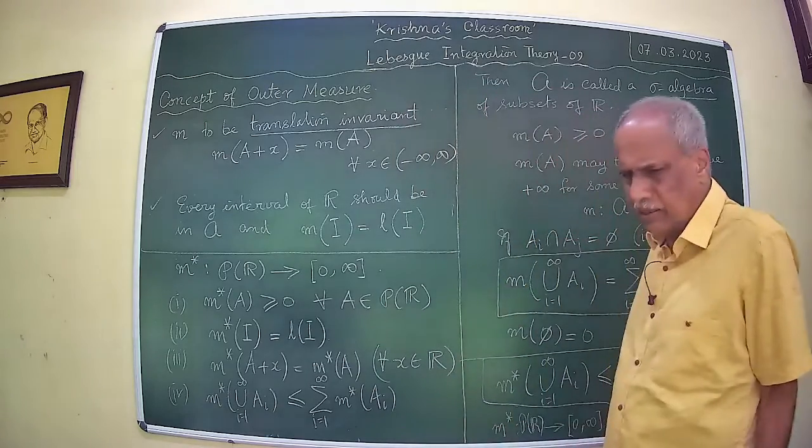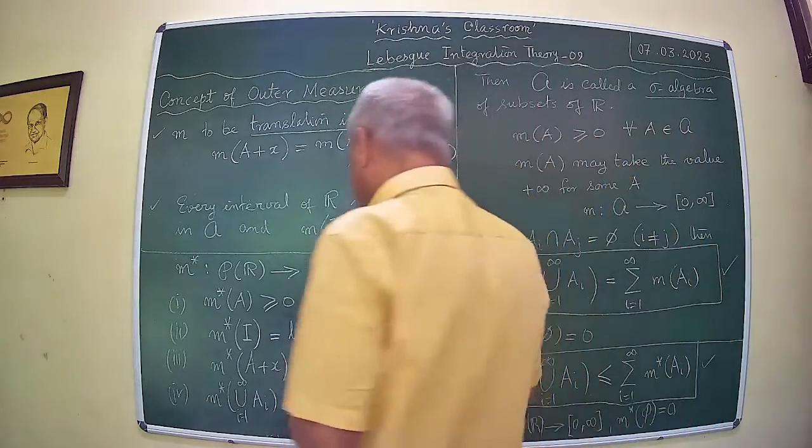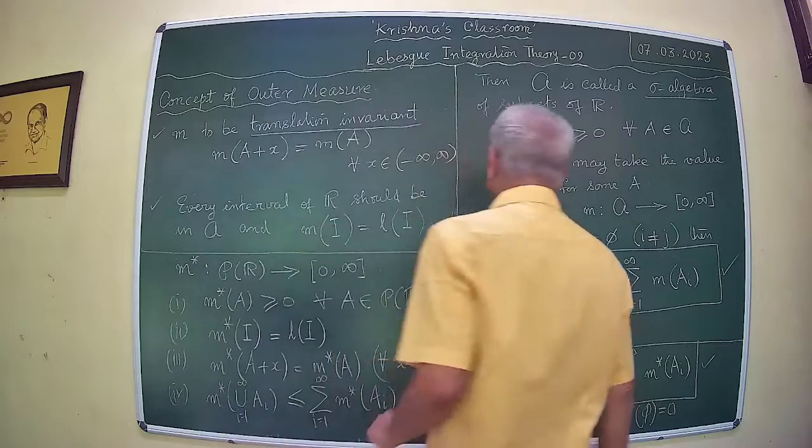So that we will explore at the next stage. This M star is called an outer measure.